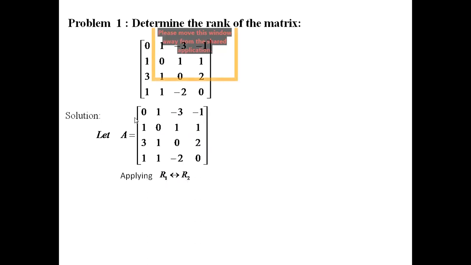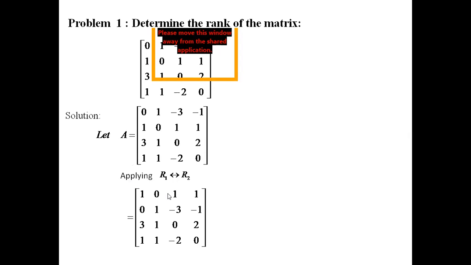The second row goes to the first place, and who was on top comes to the next. So here you get the matrix by just interchanging the first and second row. The first row is here 1 0 1 1, which was the second row of the given matrix, and the first row of the given matrix took the second place here. That is the only operation done.